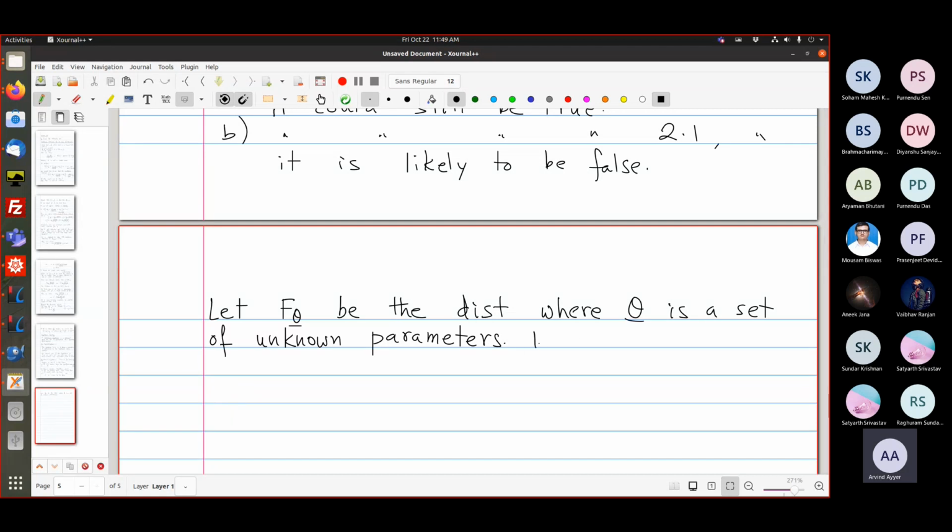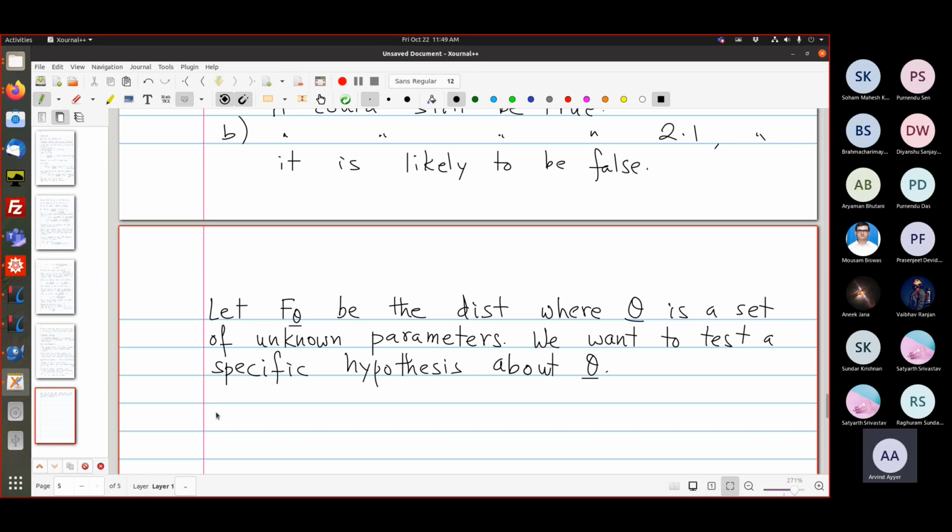We want to test a specific hypothesis about theta.